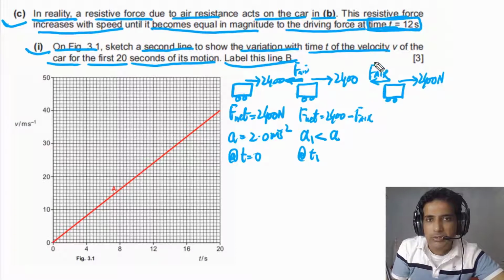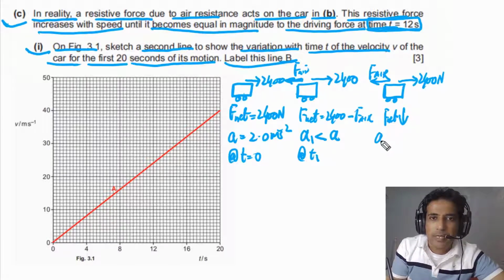As speed increases, this force also increases. So F net will be even smaller than this value and also smaller than this value. So F net has decreased, and A2 will be smaller than A1, and A1 will be lower than A, the initial acceleration. This is happening at T2.